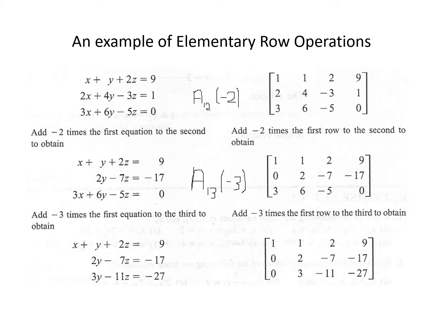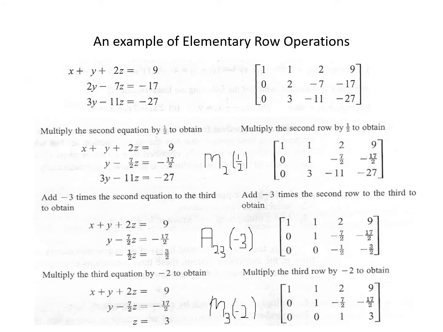So we obtain this matrix: 1 0 0, 1 2 3, 2 minus 7 minus 11, 9 minus 17 minus 27.